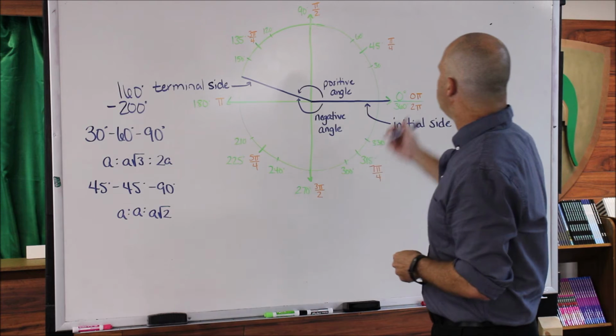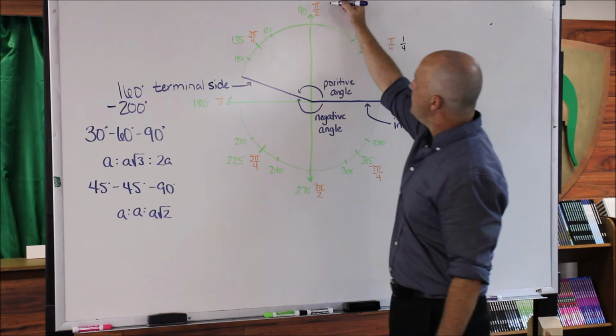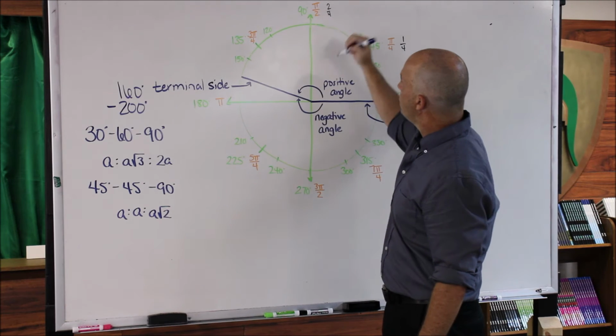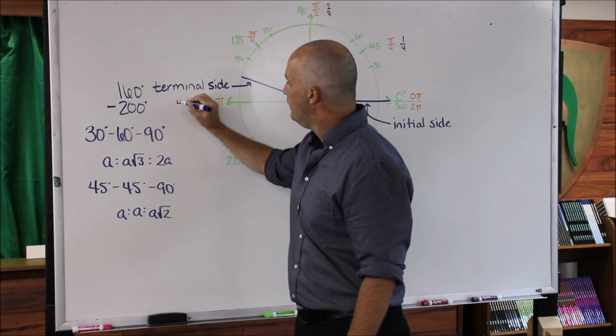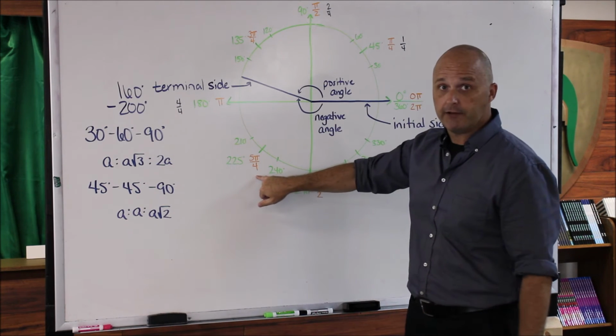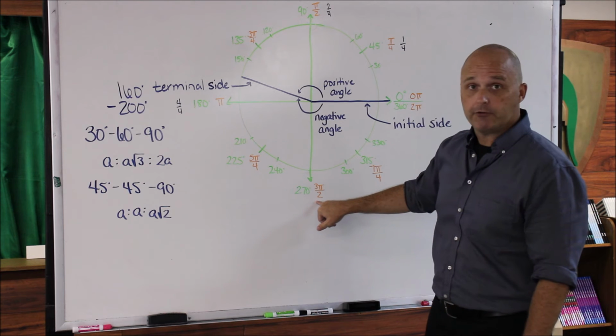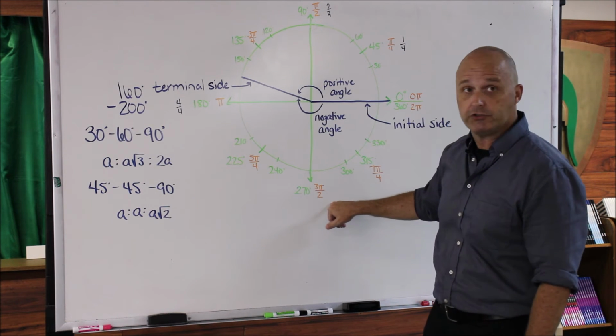What you should notice here is that this is 1/4, this is the equivalent of 2/4, this is 3/4, and this would be the equivalent of 4/4. As we move another 45 degrees, we get to 5/4. Another 45 degrees brings us to 6/4, which we're going to reduce down to 3 pi over 2.